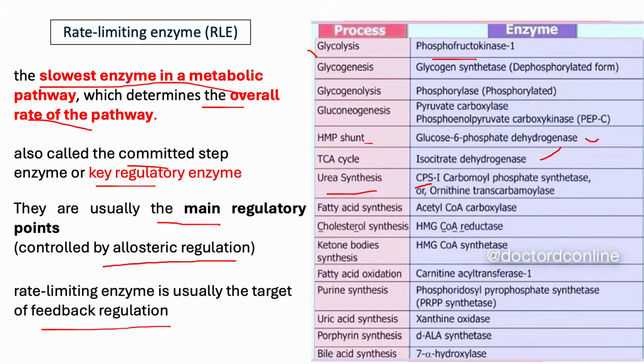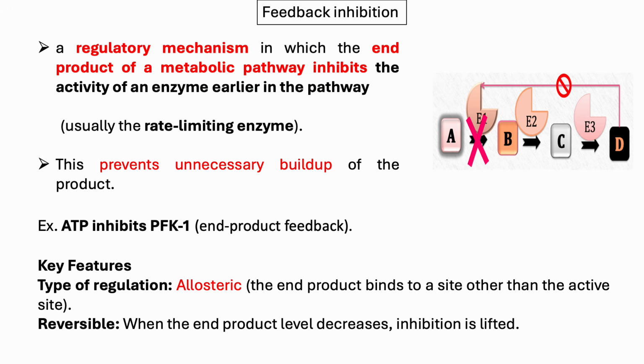Let's talk about the feedback regulation. What is feedback inhibition or feedback regulation? These are the regulatory mechanisms in which the end product of a metabolic pathway inhibits the activity of an enzyme earlier in the pathway. If you look at this figure, A produces B, from B, C, and from C, D is produced, and then after producing this D, it blocks the activity of the enzyme E1.